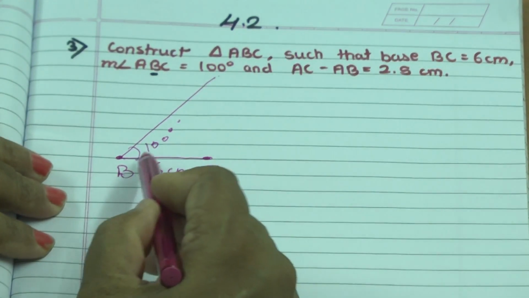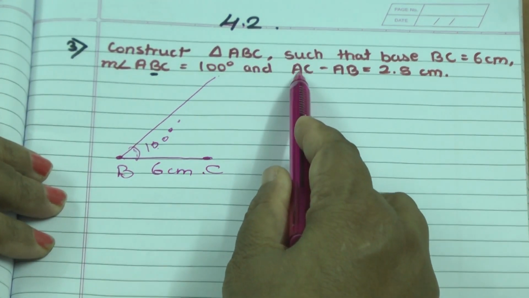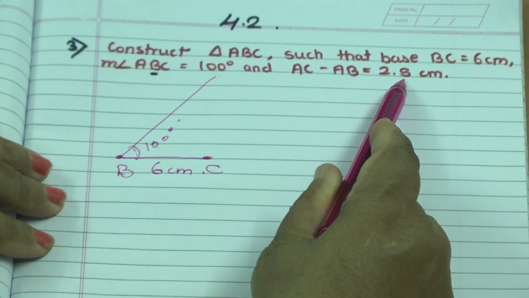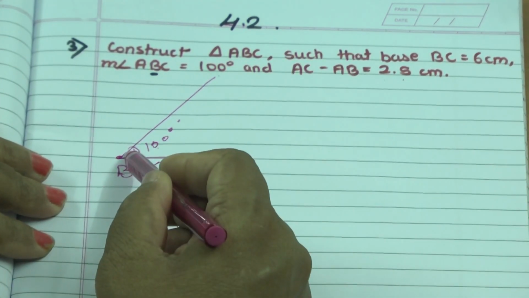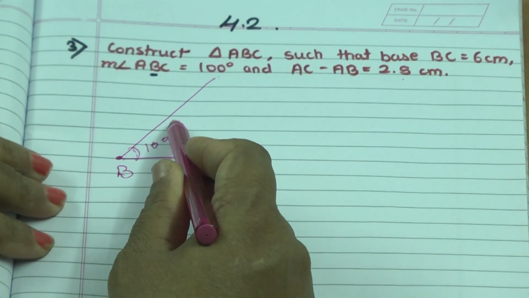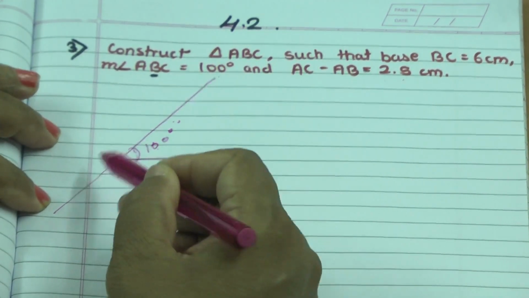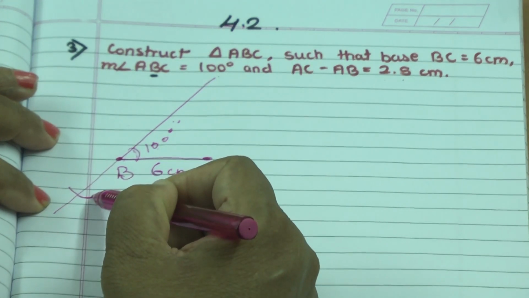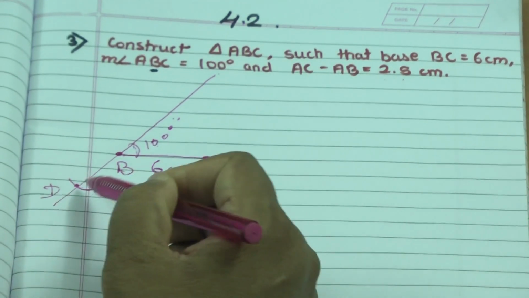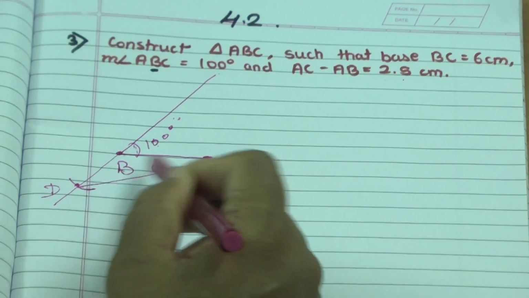Now children, the angle B is 100 degree and I have the difference between AC and AB as 2.5 centimeter. So earlier we were giving an arc above point B. Now we have to extend this line, and from point B I have to give an arc below and mark this point as D and join C. Now we are getting DC.